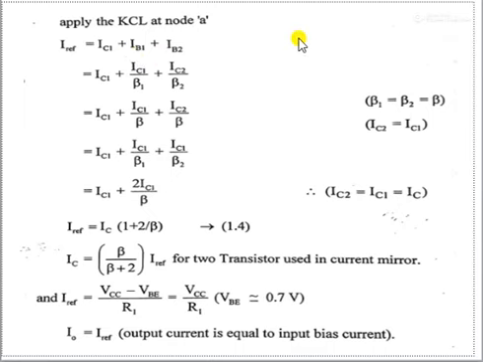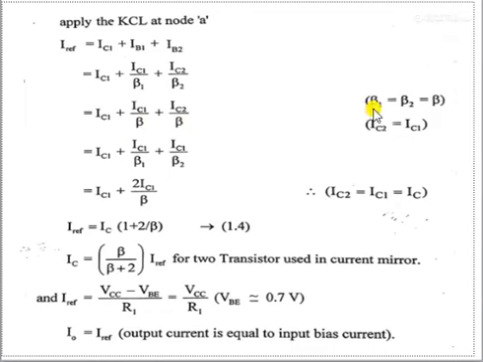We know that the collector current IC is given by beta IB, or IB is equal to IC by beta. Therefore, expressing base currents in terms of collector current, we will have IC1 plus IC1 by beta 1 plus IC2 by beta 2. That is equal to IC1 plus IC1 by beta plus IC2 by beta.